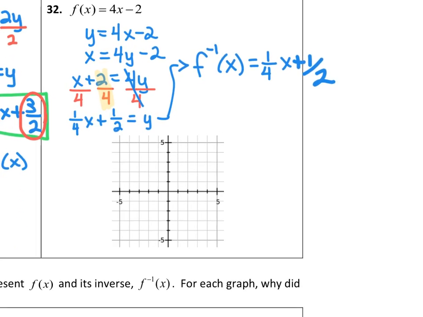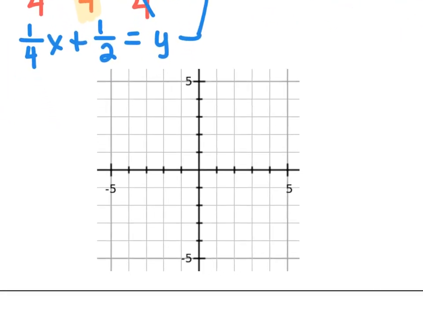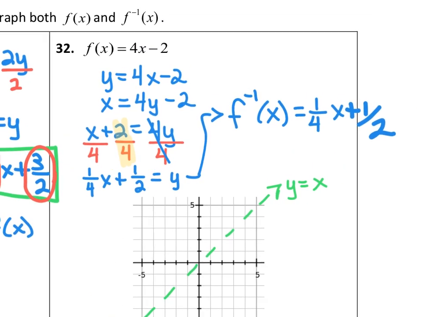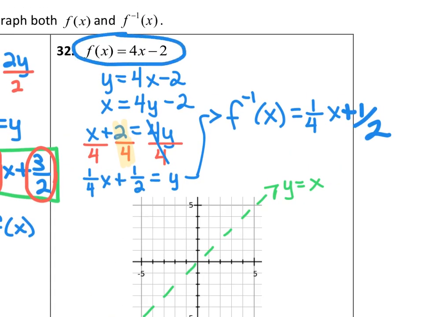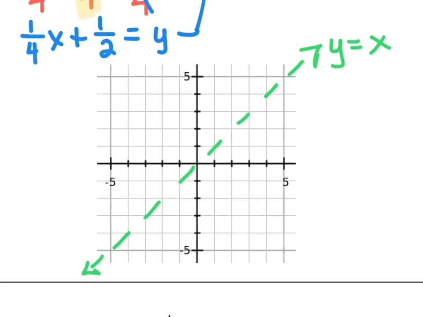Again, we're going to ask that you graph the line y equals x. That's the line that goes through the origin with a slope of 1. That's the line y equals x. Then you're going to want to graph the original given function. So f of x equals 4x minus 2.